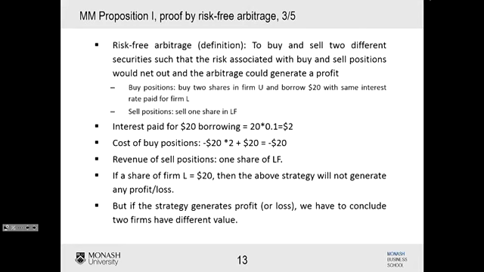For this one, how do we define the buy position? We buy 2 shares of firm U, which is unlevered, and finance this buy position by borrowing $20 at the same interest rate paid by the levered firm.